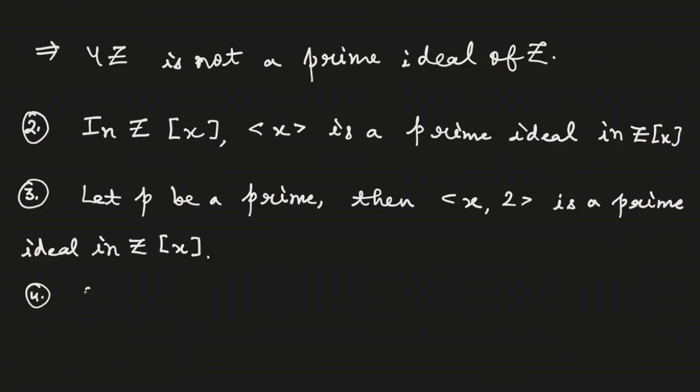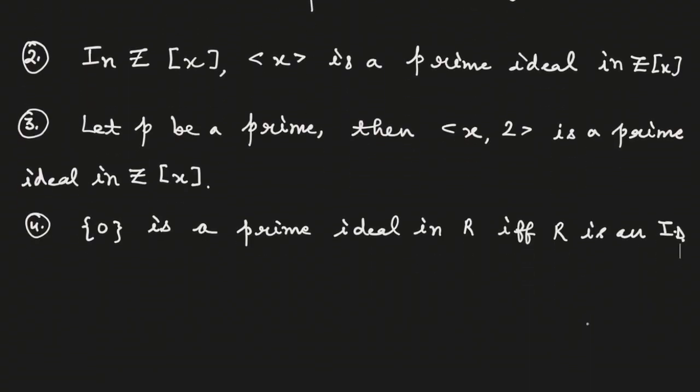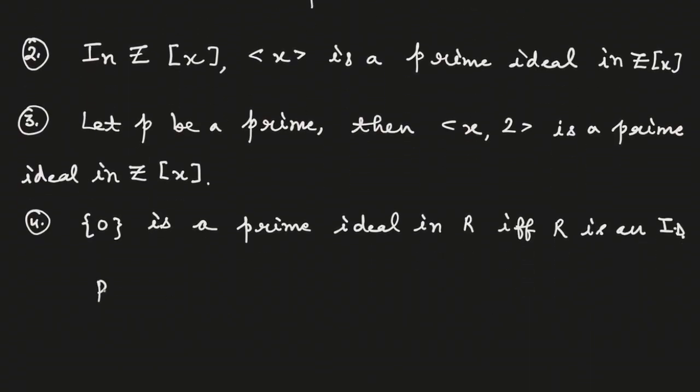Fourth, the singleton 0 is a prime ideal in R if and only if R is an integral domain. This means that our prime ideal is the singleton 0.